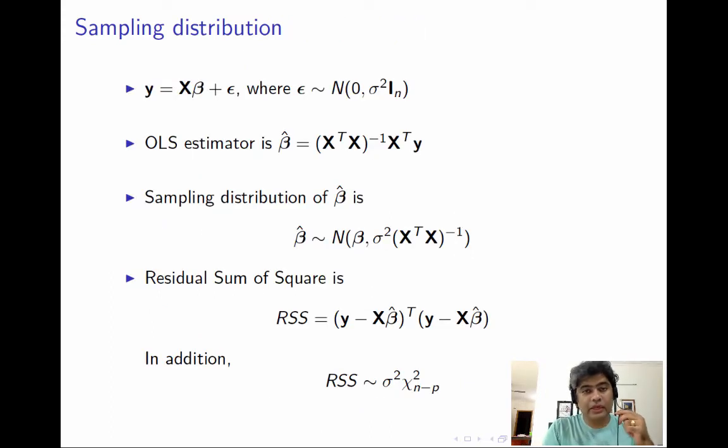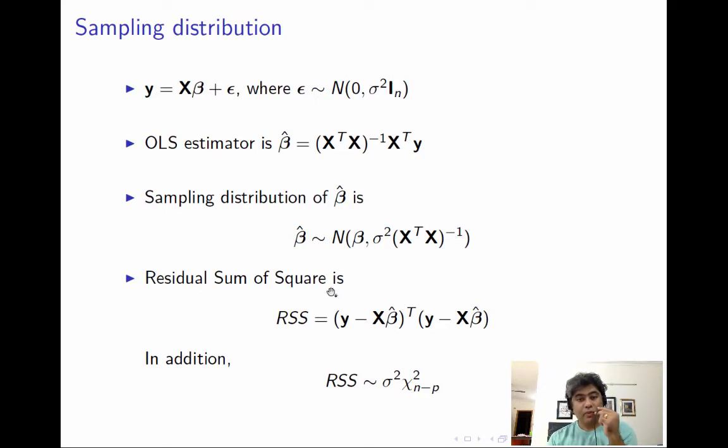Now let's look back once more at the sampling distribution from a mathematical perspective. We have y = x beta + epsilon, where epsilon follows normal(0, sigma square I_n). The OLS estimator is beta hat = (x transpose x) inverse x transpose y, and its sampling distribution is normal with mean beta and covariance sigma square (x transpose x) inverse.